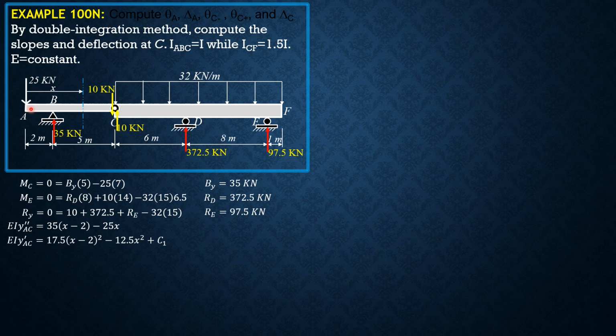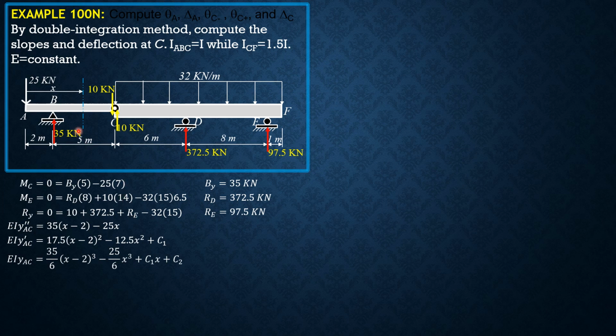There is also C sub 2 because A is a free point. Integrate again, EI y AC is equal to 35 over 6 quantity x minus 2 cubed minus 25 over 6 x cubed plus C sub 1 x plus C sub 2.